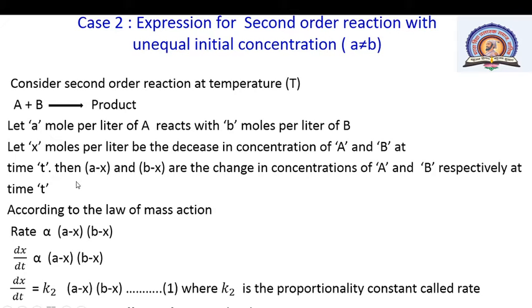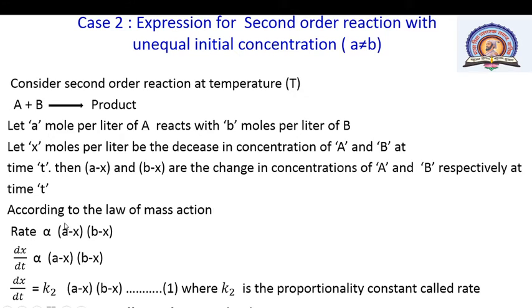Then a minus x and b minus x are the concentrations of reactant A and reactant B respectively at time t.